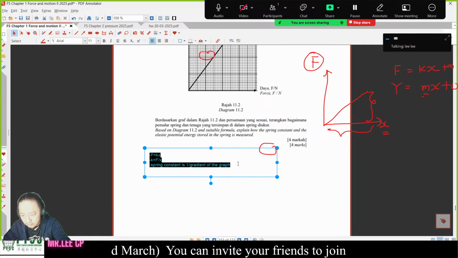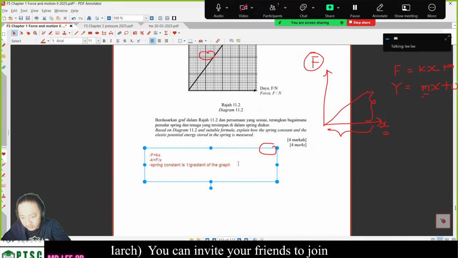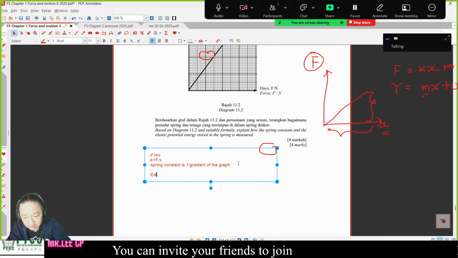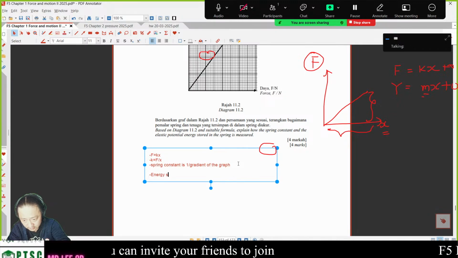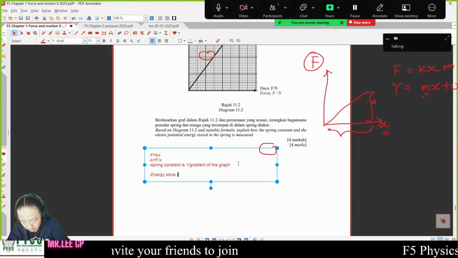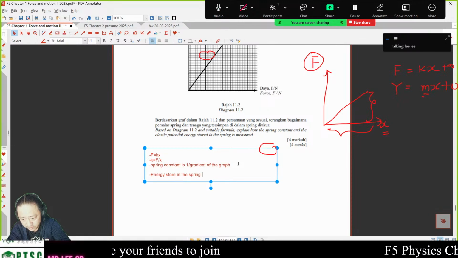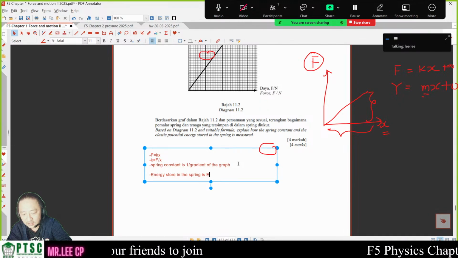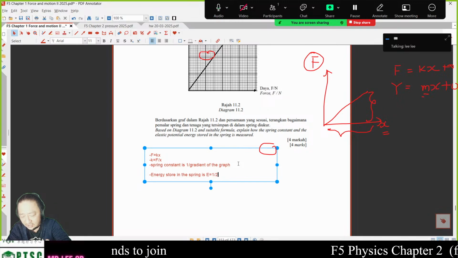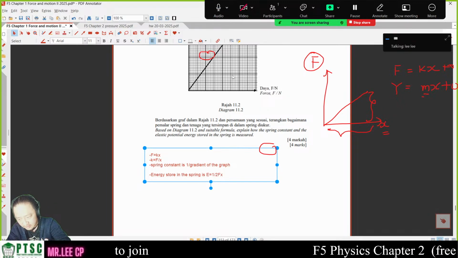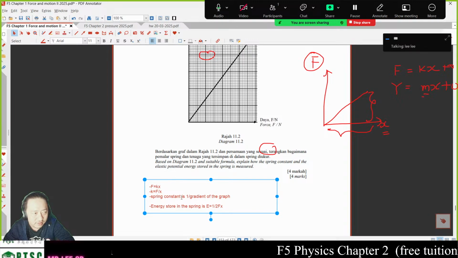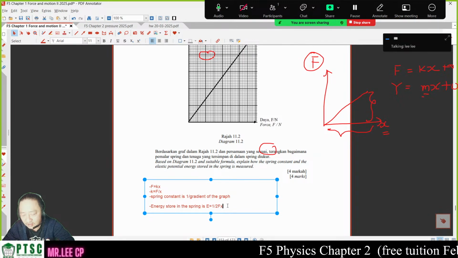Now, the second one is the energy in the spring. E is equal to 1 over 2 k x squared, but because you don't have k, if you want to have k also can, but I want half times f times x.